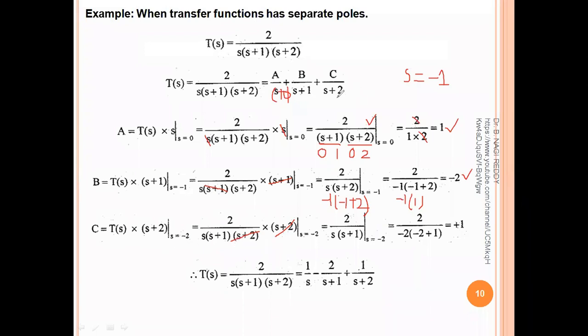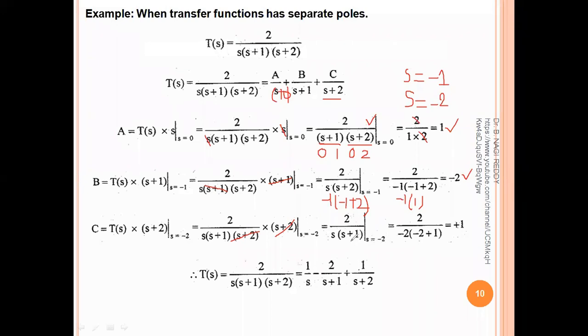We have to substitute S as minus 2, because this is S plus 2, to calculate the C constant. After cancelling, our expression becomes 2 by S into S plus 1.